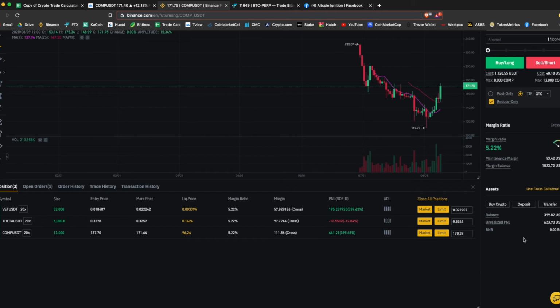So I open a position size of $100 at 20x margin. It's only going to use $5 of my account balance for collateral. So using 20x margin doesn't mean that I go 20 times the $500 that I've got here and then lose it all if the price goes a few dollars the wrong way.